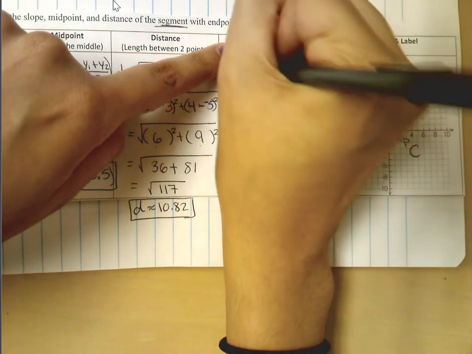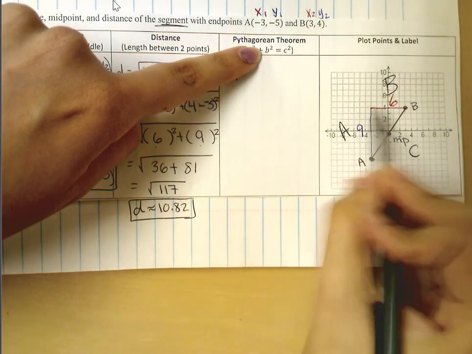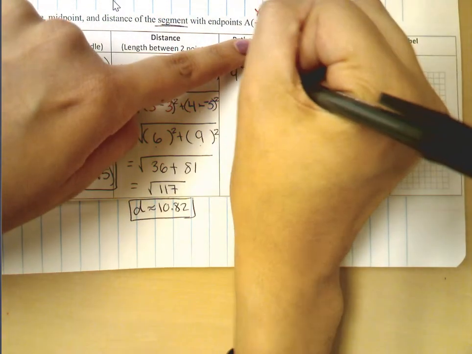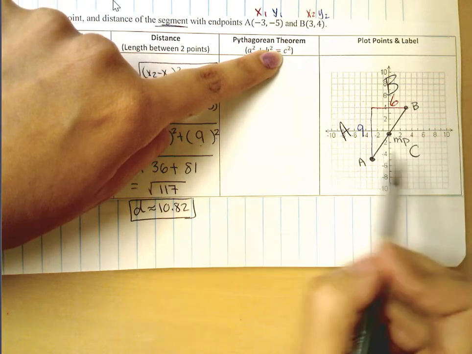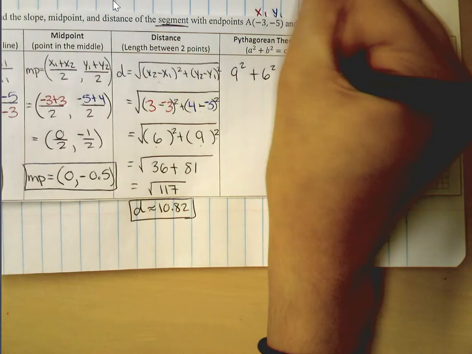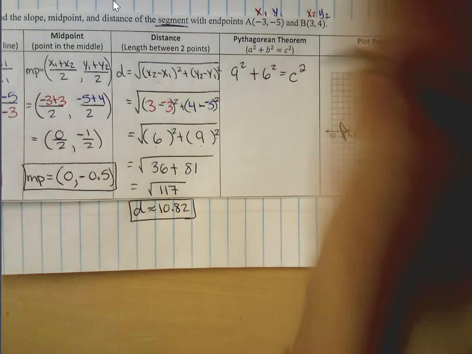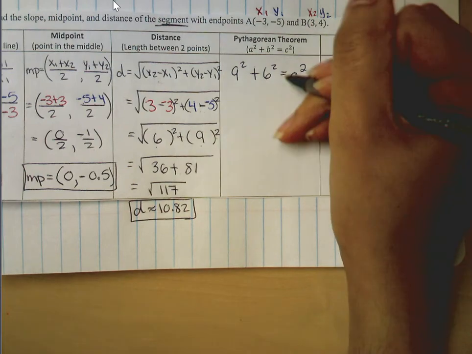I have 9 squared. My B is 6. And my C, it's what I'm trying to find, so I'm going to keep C. C is the distance I'm trying to find.